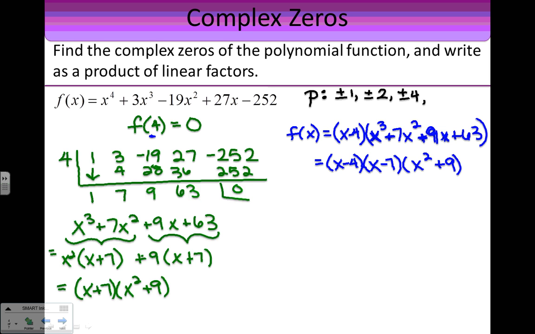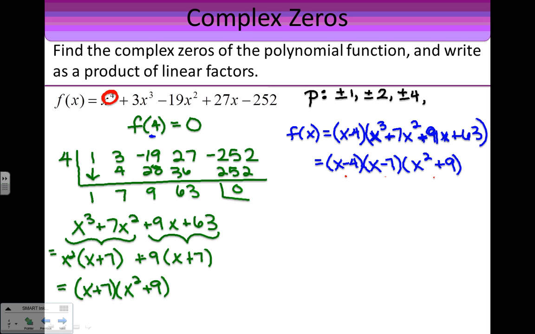Now remember, we have a fourth degree polynomial that we started with, so I'll need to have 4 linear factors. Right now I only have 3. Since I have x squared plus 9 here, that's not a linear factor, that's a quadratic.